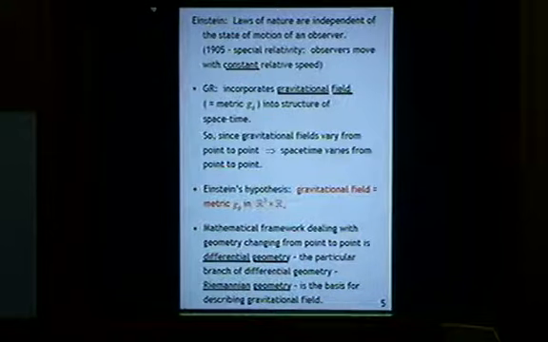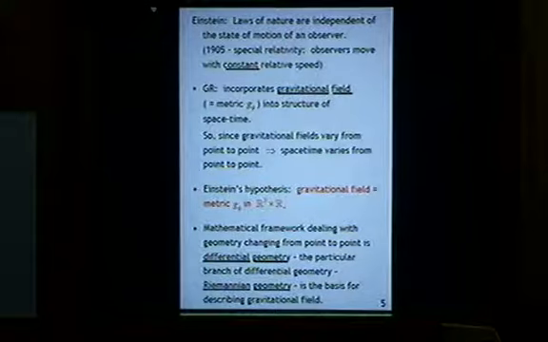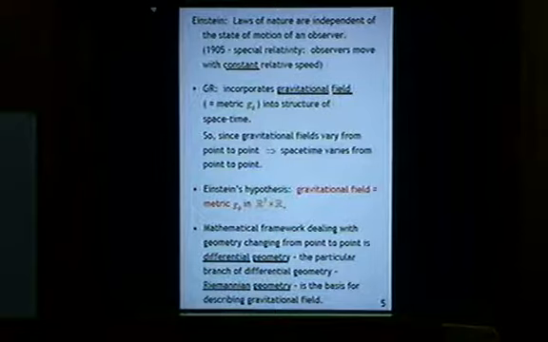So space-time is varying, it's changing. Einstein's brilliant hypothesis, his tremendous insight, is that the gravitational field is the metric, g_ij, how you measure things in R^3, that's Euclidean 3-space, cross R^+, and that's the time axis. So R^3 is x, y, and z, and R^+ is t.